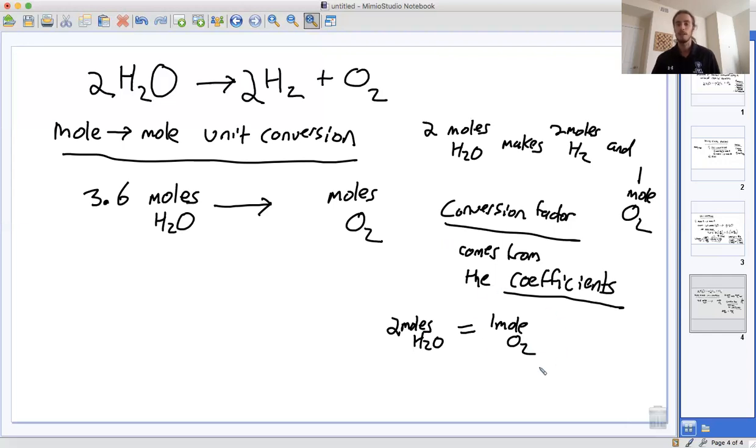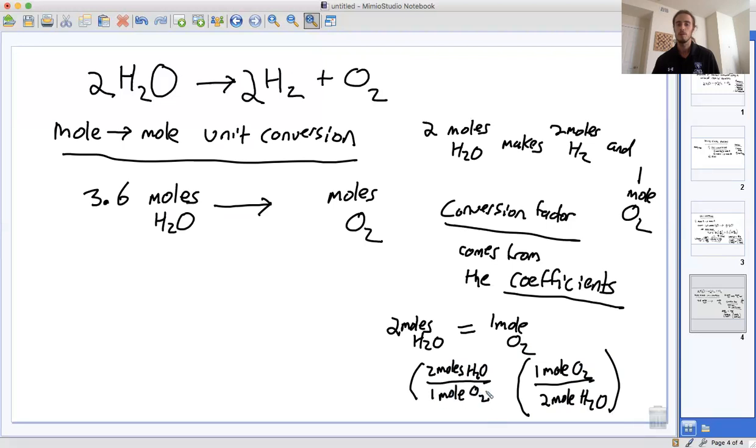I can write a conversion factor that is 1 mole O2 over 2 moles of water. Or I can write 2 moles of water over 1 mole O2, right?